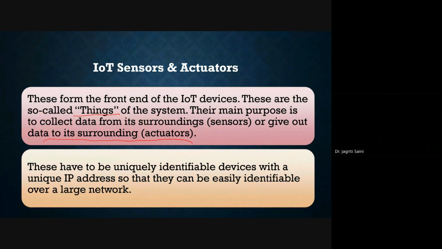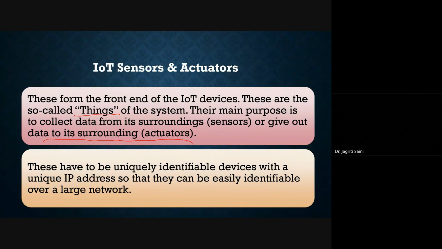So your sensors are a kind of input devices, and actuators are a kind of output devices. And they are required to be uniquely identifiable devices that may have their unique IP addresses, so that we can communicate to them via a large network.